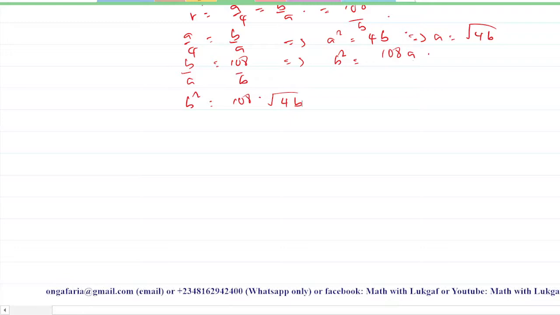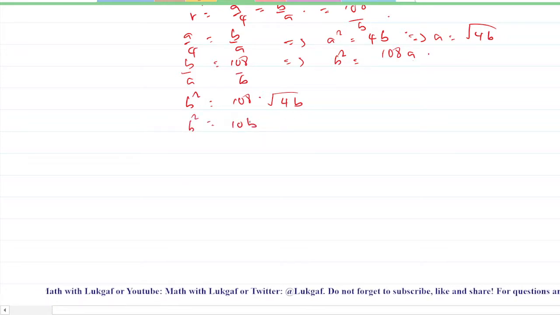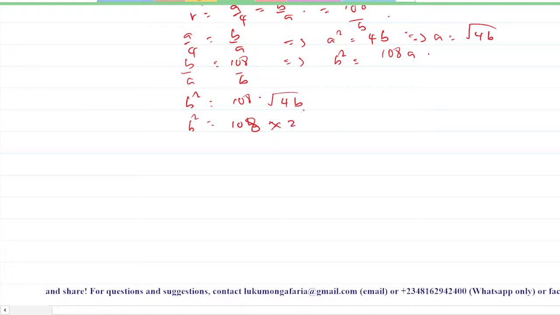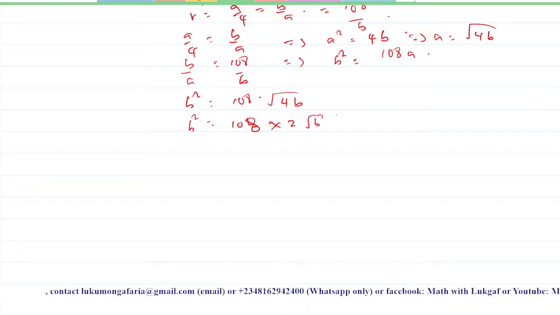So then if that is cleared, this is B squared, right? So I can say B squared is equal to 108 multiplied by square root of 4, which is 2, and square root of B. You understand now?